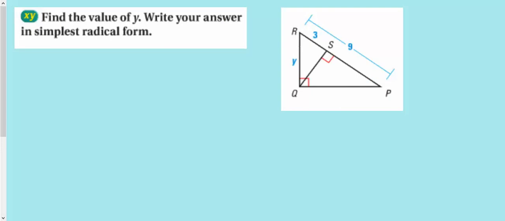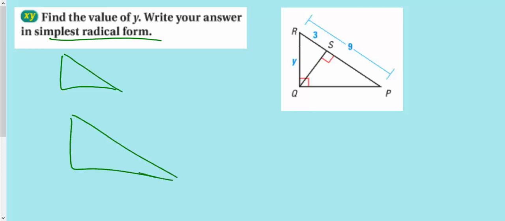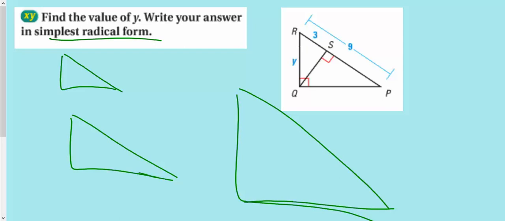Okay, I'll do one more question here. Simplest radical form for this one. So again, I'm not even looking at the question. I'm just drawing three triangles. My little one I have here, 3 and y. My medium one, I have 6.